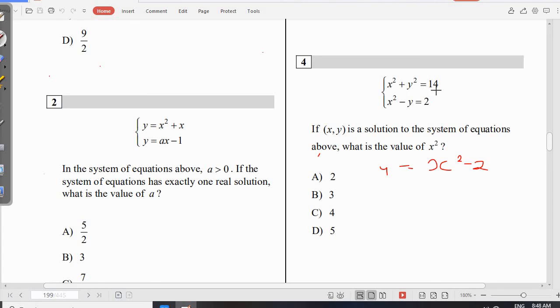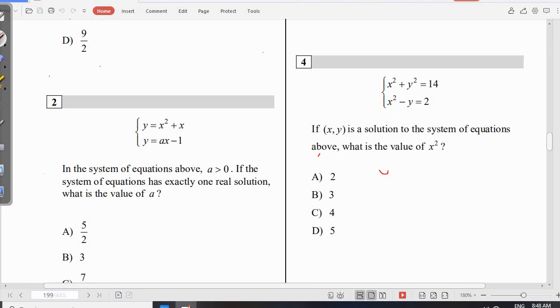We could also use this one too: y squared is equal to 14 minus x squared. Better yet, we do this: x squared is equal to 2 plus y. So put that 2 plus y here.